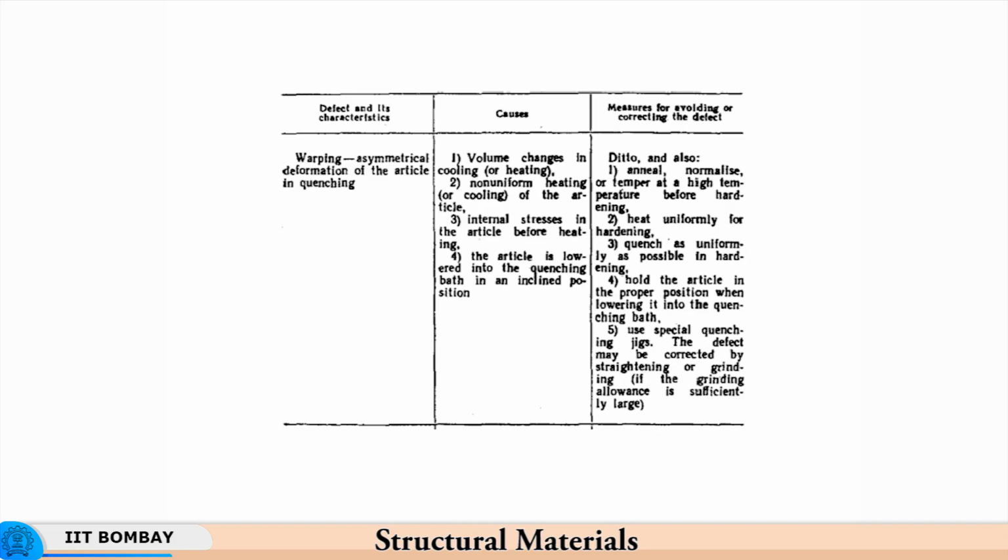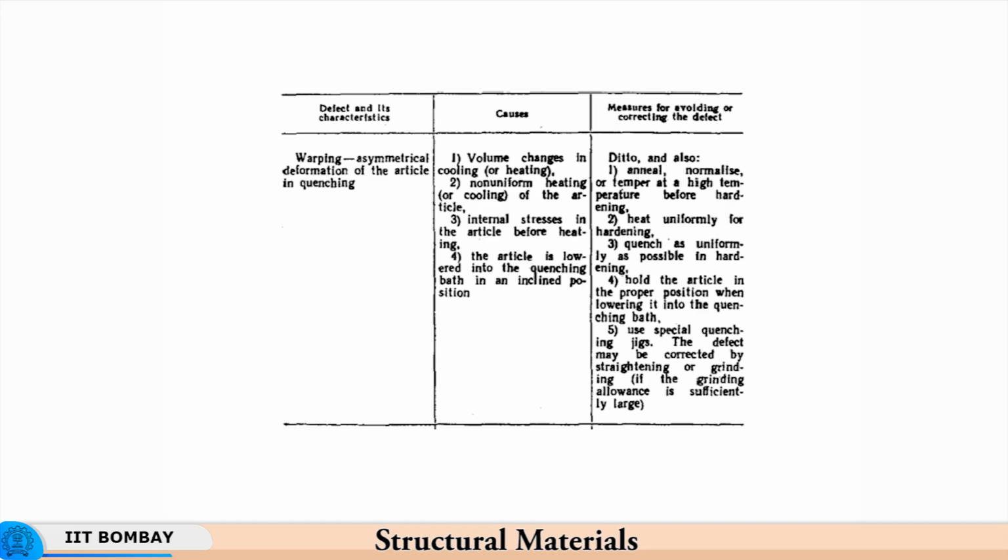For example, if it is in an inclined position, then the bottom of the article gets quenched first, and then the top of the article is not going to see the same quenching bath temperature as the bottom had seen. Therefore, now one portion of the article sees one cooling rate, another portion sees another cooling rate, the volume changes are different, as a result of which again you have warping taking place. So, that is the reason why we need to avoid these by taking certain steps.